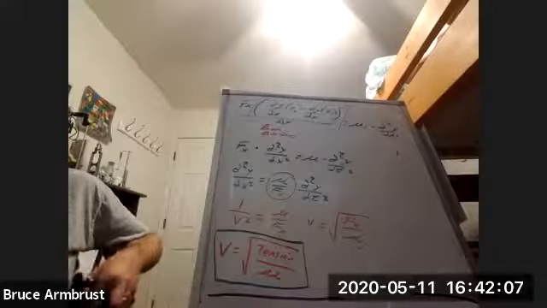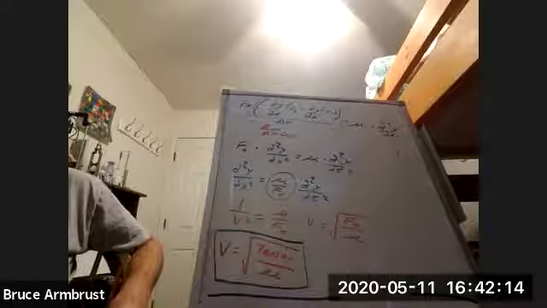So the tension in the string divided by the mass divided by the length gives you velocity. Correct. So it could be tension times length divided by mass, if you wanted to think about it that way.